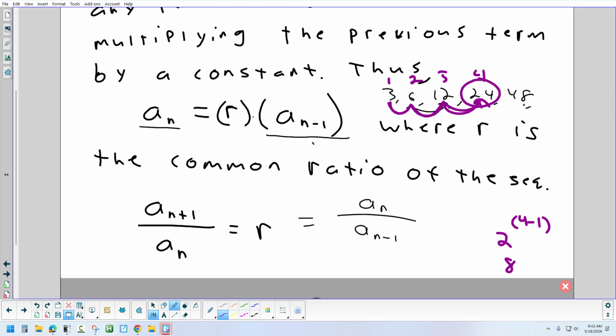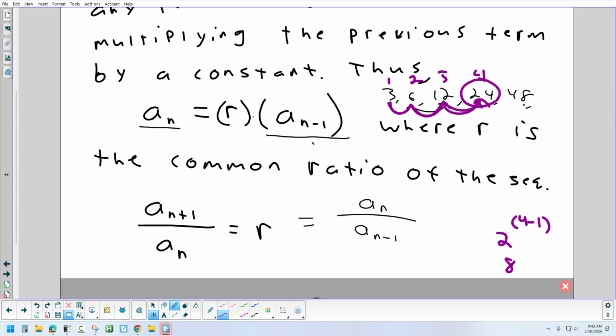When we wrote the arithmetic sequence, what are the two things that we had to know? The first term and the difference. Well, this time we're not using the difference, we're using the common ratio. So we've already used the common ratio. We haven't used the first term yet.